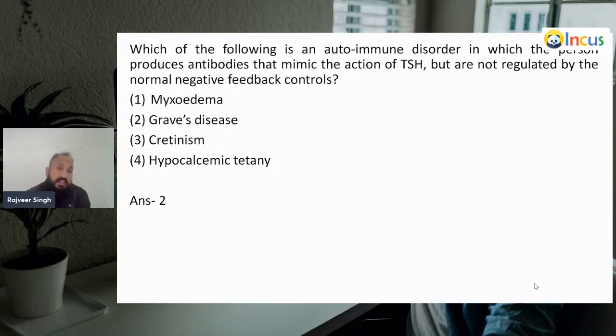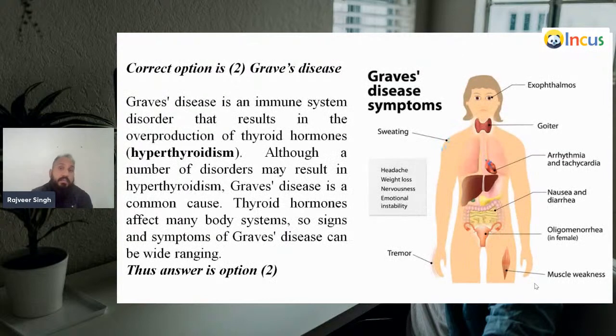Myxedema, Graves' disease, cretinism, hypocalcemic tetany. The answer will be Graves' disease, because in the pictures you can see Graves' disease symptoms. First is exophthalmos, sweating, goiter. Then erythema and tachycardia, nausea and diarrhea, oligomenorrhea in females, muscle weakness and tremor. So all of these are Graves' disease symptoms.